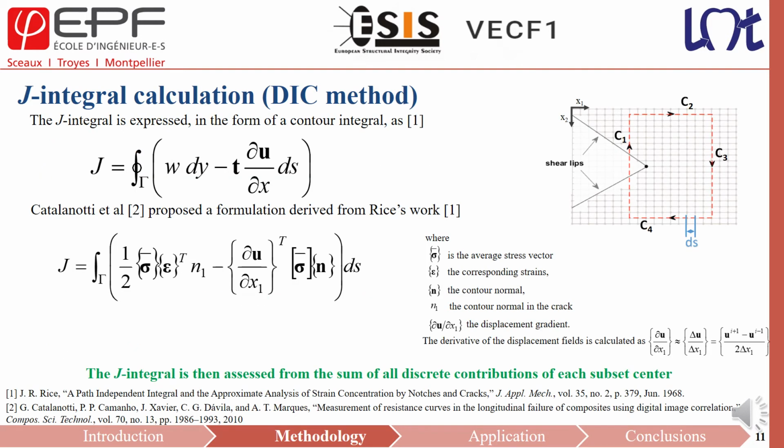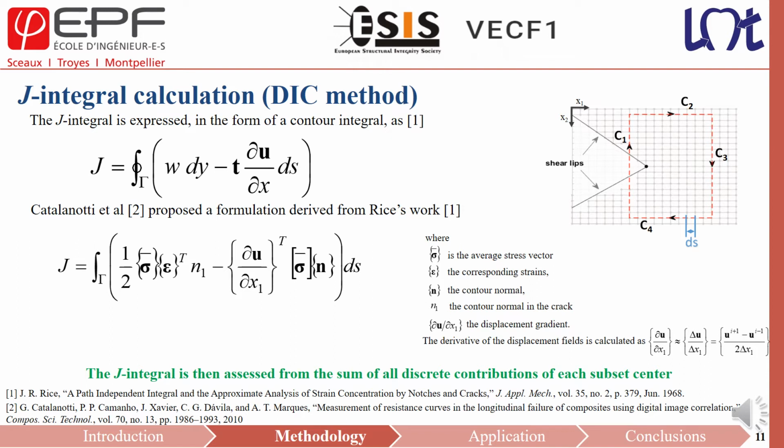Thanks to the similarity between 3D printed materials and composites, the formulation such as that proposed by Catalanotti may prove suitable for 3D printed material. To calculate the J integral in a composite material, the authors proposed a formulation derived from Reis's work.